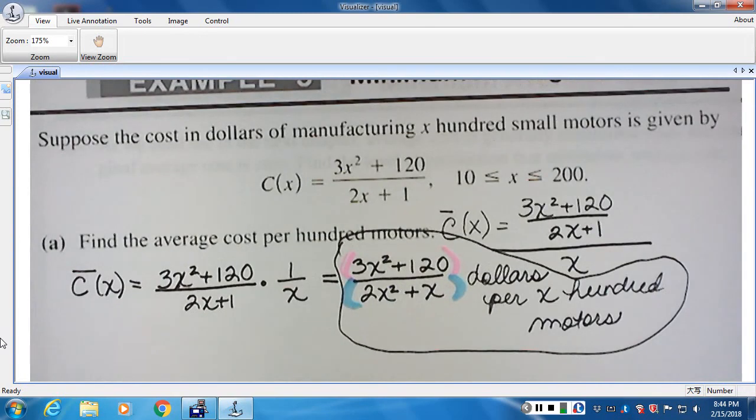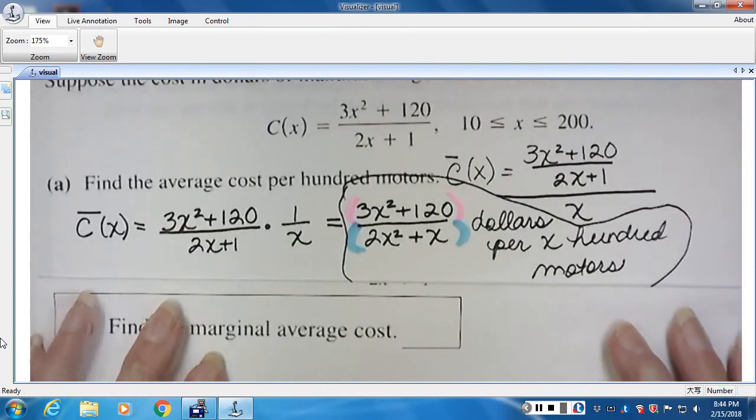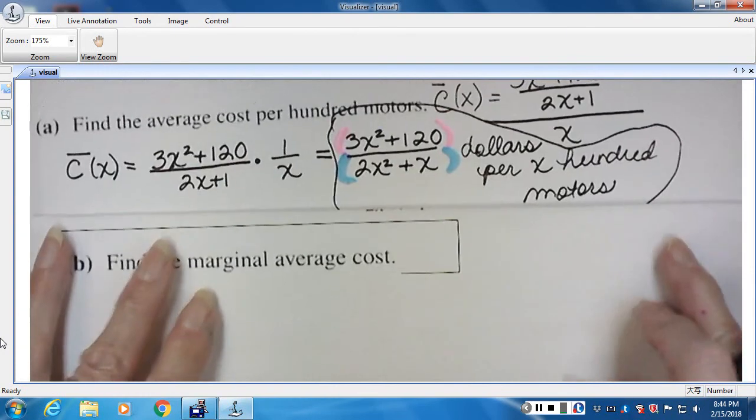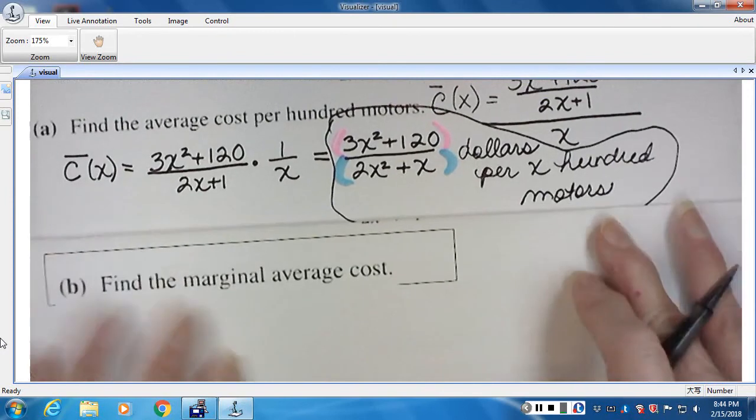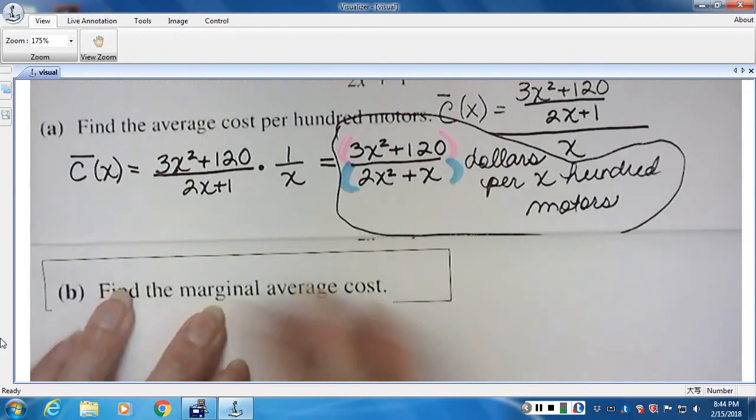And then the next part of the problem says find the marginal average cost.